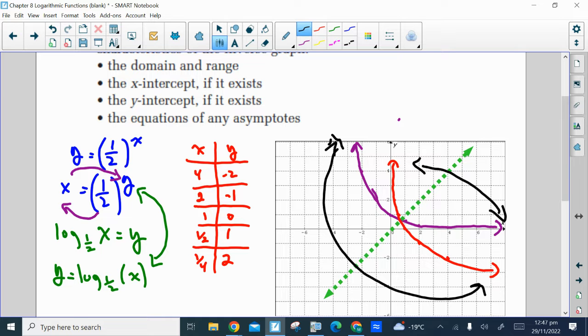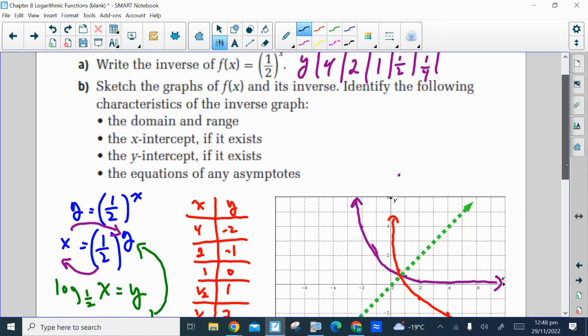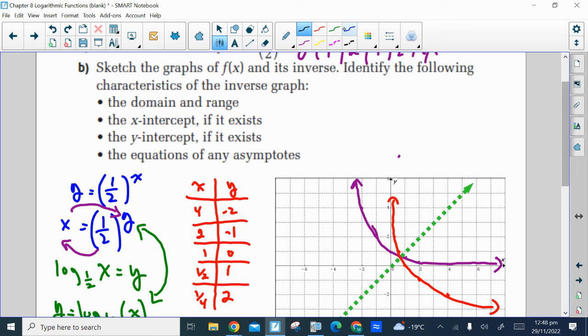But we don't need to rely on that to sketch our graph, because we can generate points for the original relation and then switch them around to get the points on the inverse. So if we write these characteristics of the logarithmic function, the inverse graph, the domain: once again, the y-axis is a vertical asymptote.